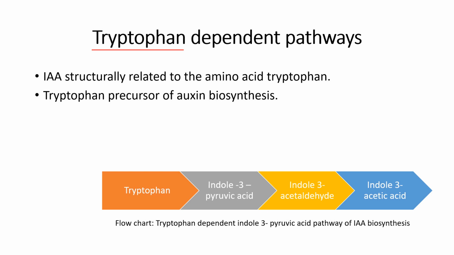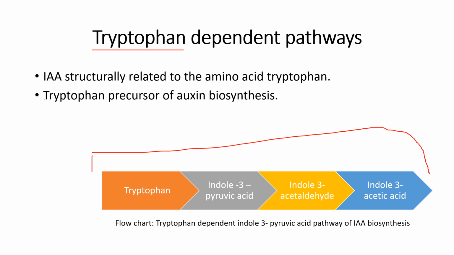It has been shown that tryptophan is the precursor of auxin biosynthesis. Tryptophan is converted into IAA by several pathways. This flowchart shows how tryptophan is converted to IAA. Tryptophan first gets converted to indole 3 pyruvic acid, then to indole 3 acetaldehyde, then into indole 3 acetic acid.